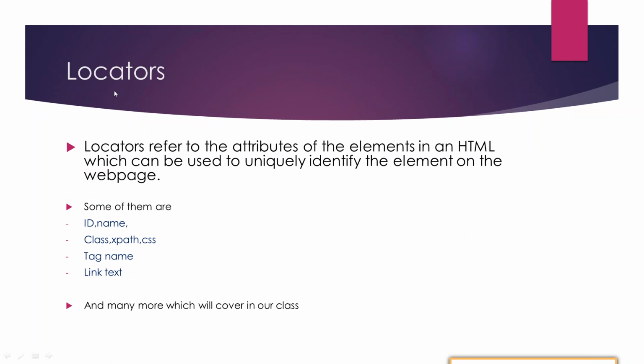Remember this. Selenium has 8 types of locators. What are the 8 types of locators? Can anybody read that? We have ID, name, class name, XPath, CSS, tag name, link text.